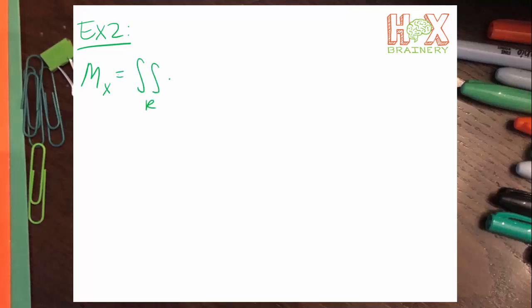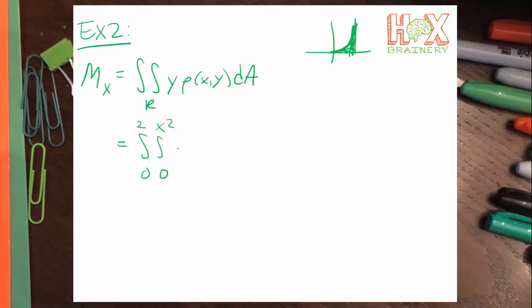You put down the equation first, and we're still working with this region. My limits are the same as they were from example 1: 0 to x squared, 0 to 2, y, density function is kxy, and I'm doing dy dx.